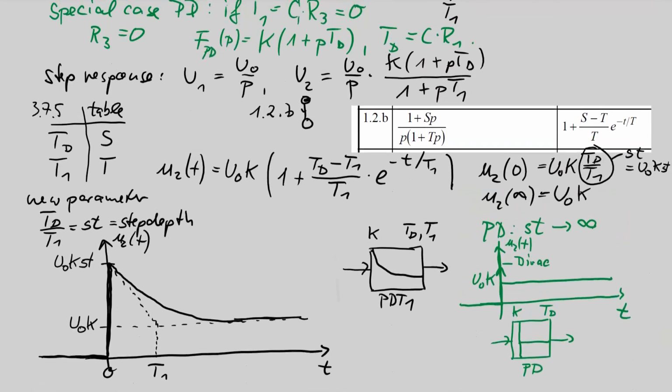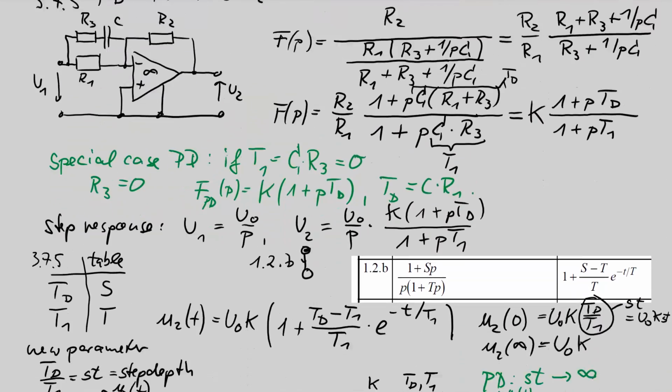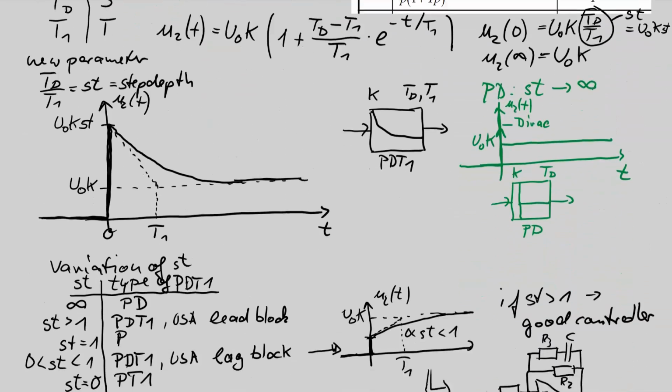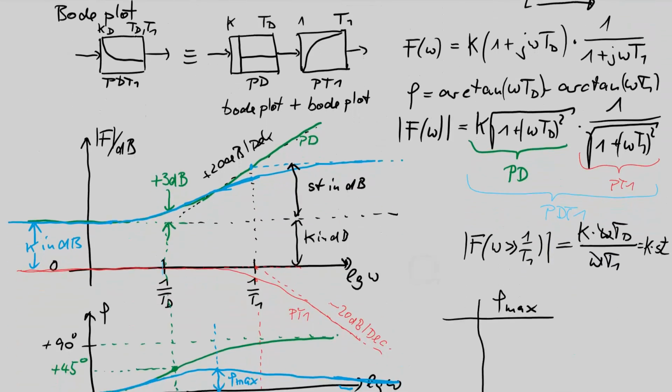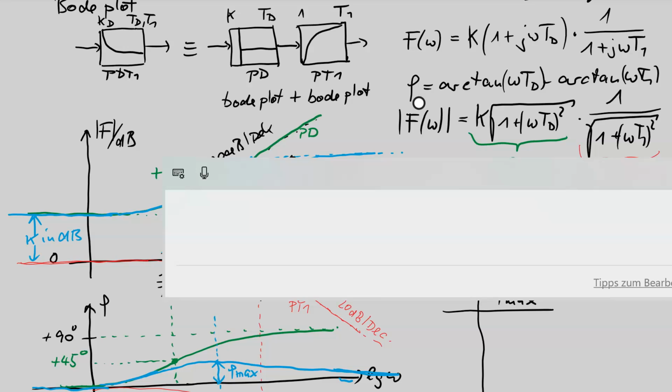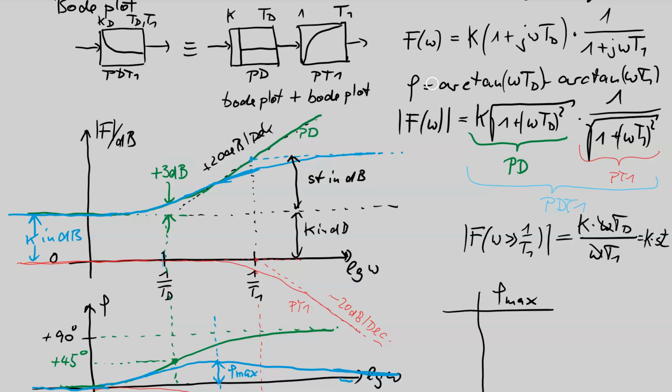The phase expression is, where is the phase expression? Sorry, wrong place. Here, you see the phase expression carries only omega, Td, and T1, not K. So phi max cannot be a function of K. Can only be a function of Td and T1.